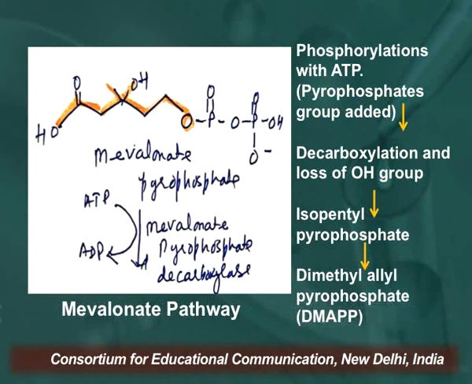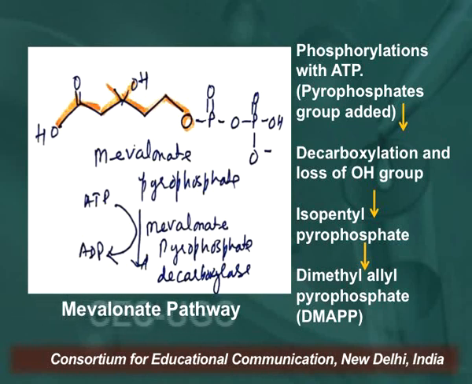in the presence of ADP, phosphorylation takes place, and during phosphorylation this phosphate group is added to the mevalonic acid and it converts into mevalonyl phosphate. So this is the mevalonate having a phosphate group.